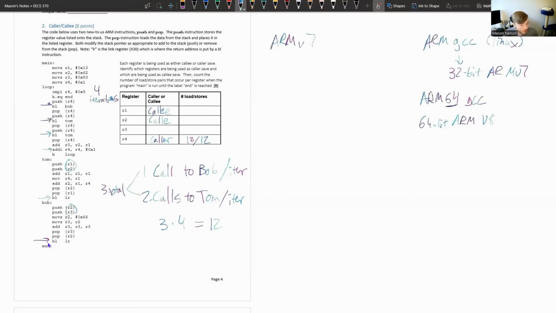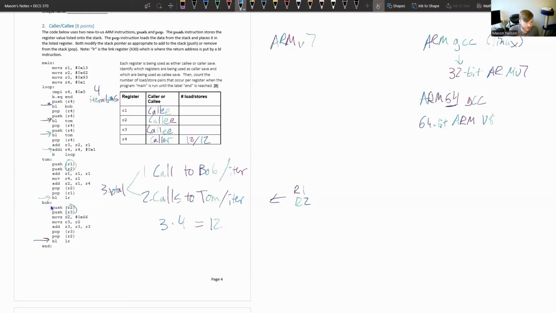Okay, so we see registers 2 and 3 saved. That means they're both going to be callee saves. And now we can figure out how many saves we have total. Each time we call Tom, we are saving register 1 once and register 2 once.